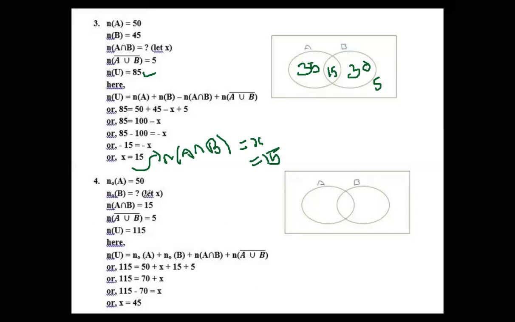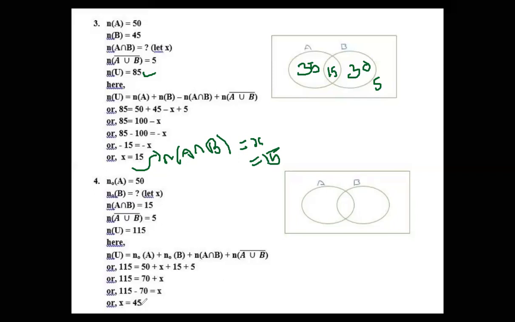Only A is 50. Only B, X. We don't know the value of X. Intersection is 15 and complement is 5. Add these values first. 50 plus 15 plus 5 is going to be 70. So when 70 goes, this will be minus. So 115 minus 70 is going to be 45.